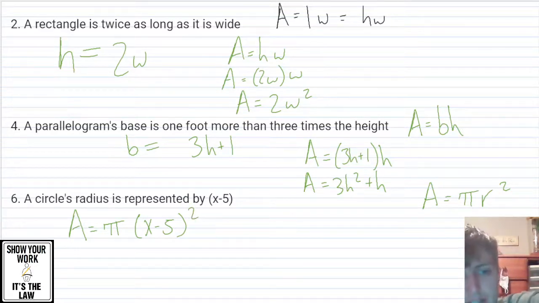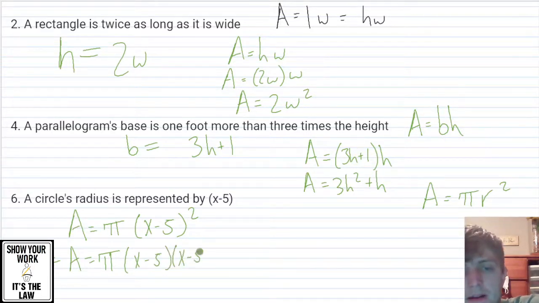What does that square mean? It means x minus 5 multiplied by itself twice. So let's rewrite this. A equals pi times (x minus 5) times (x minus 5). All right, so here we have some foiling to do.